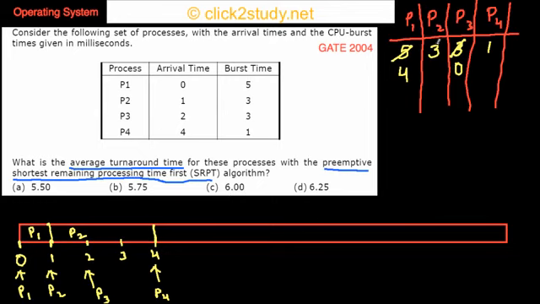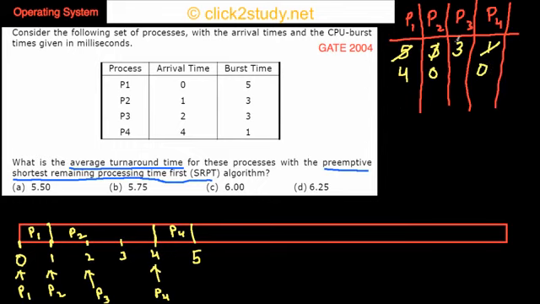At this point the remaining times are: for P1 it is 4, for P3 it is 3, and for P4 it is 1. So P4 will get the CPU here, and it needs only 1 unit of time, so it will run from here to here, and with that it is gone.